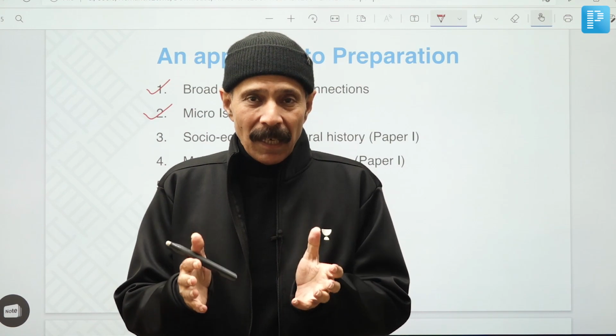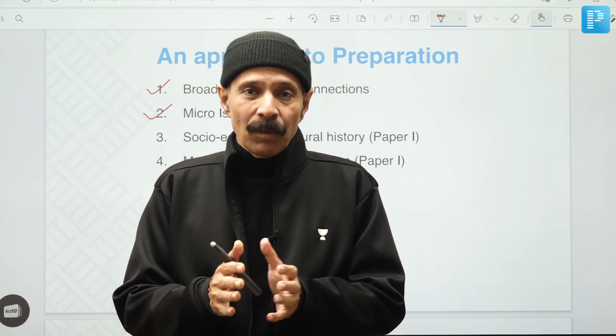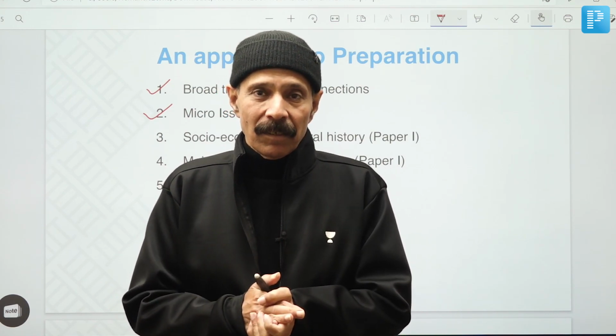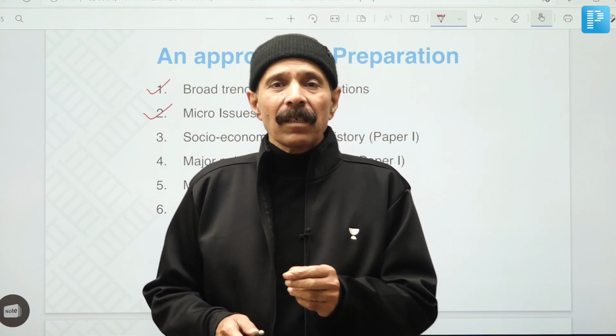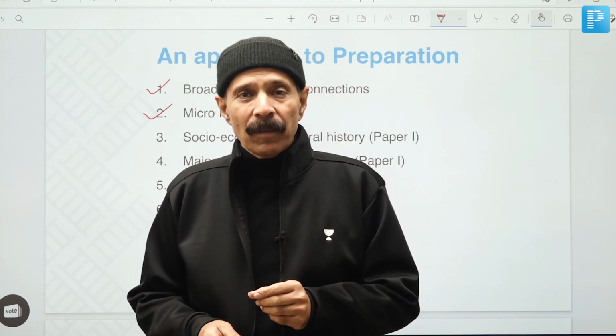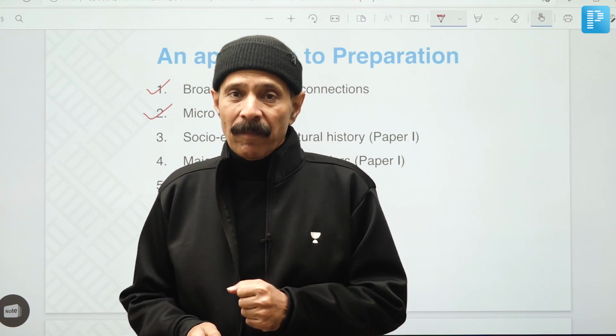So these are some examples of micro issues related to the topic Indus Valley Civilization. So in every topic, there are a few micro issues and they have become very important.